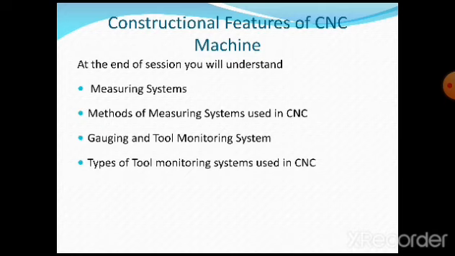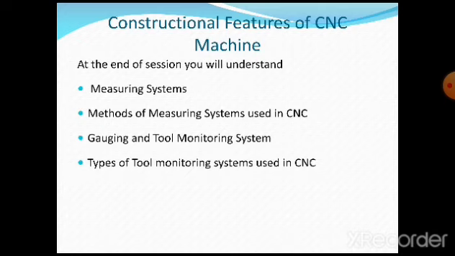But this is not going to happen in CNC machines, as once the tool and the workpiece are set properly into the CNC machine, every action or every operation is carried out automatically.